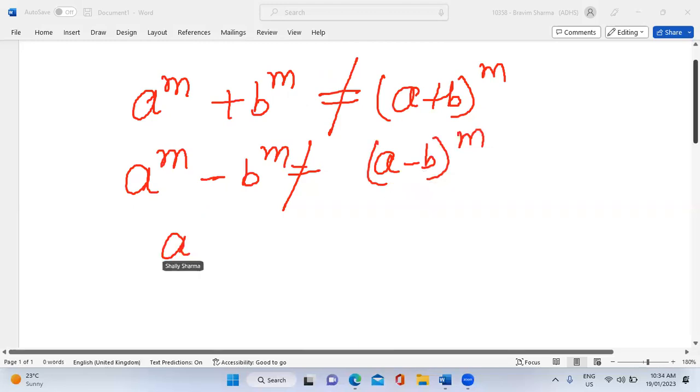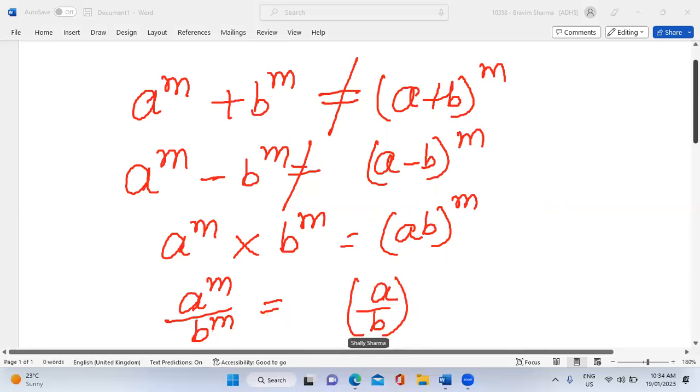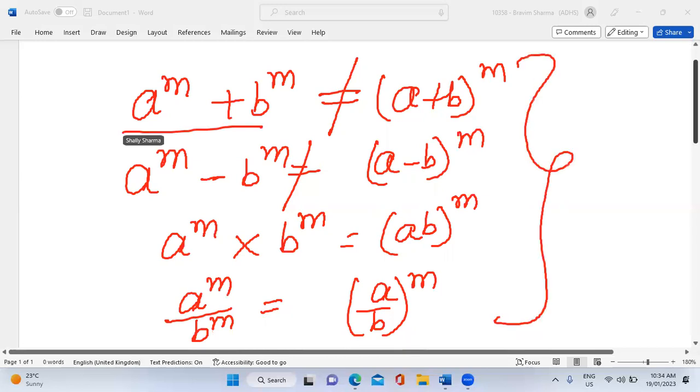But if you have a to the power of m multiplied by b to the power of m, definitely you can multiply a and b and then take the power as m. Or if you have a to the power of m divided by b to the power of m, you can take it as a by b whole raised to the power of m. These rules are very, very important.